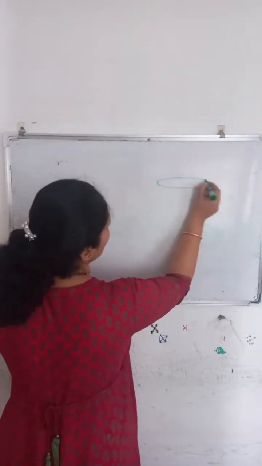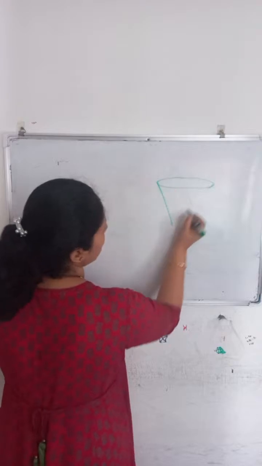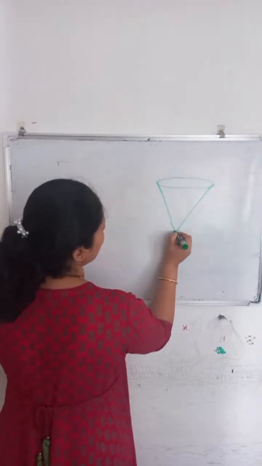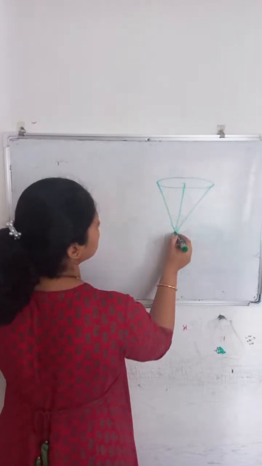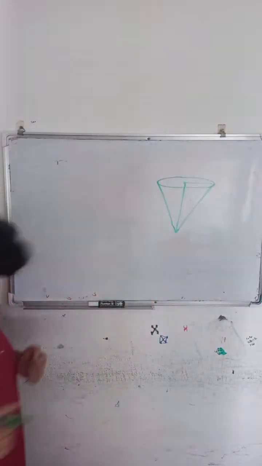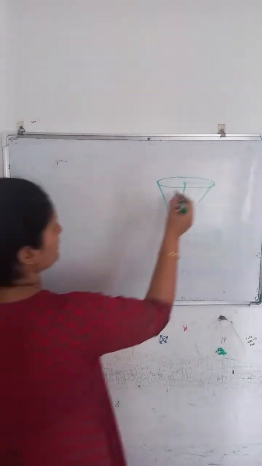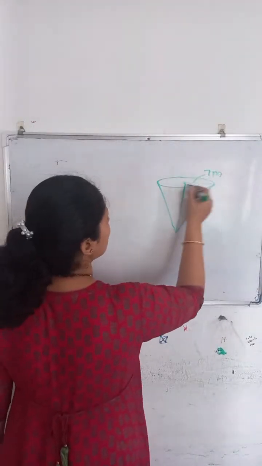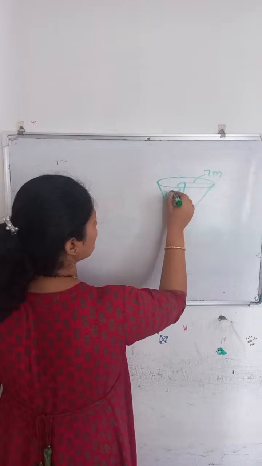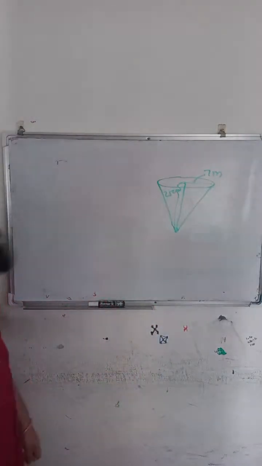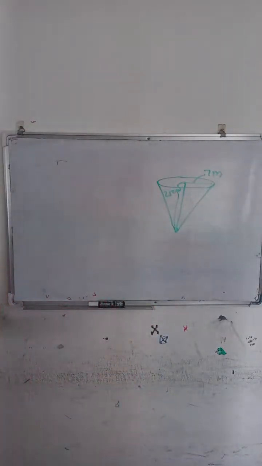So a conical shape container is there, whose radius is 7 centimeter and whose height is 25 centimeter. Then how much can it hold? So we have to calculate the volume here.